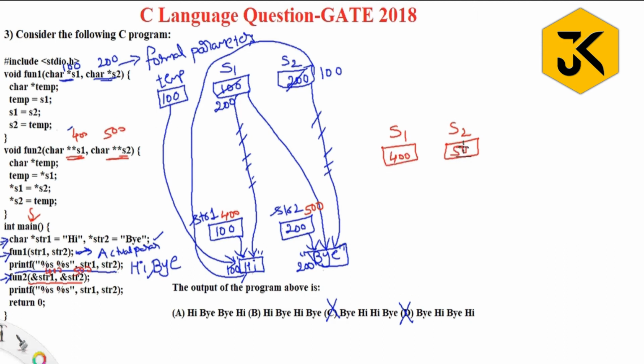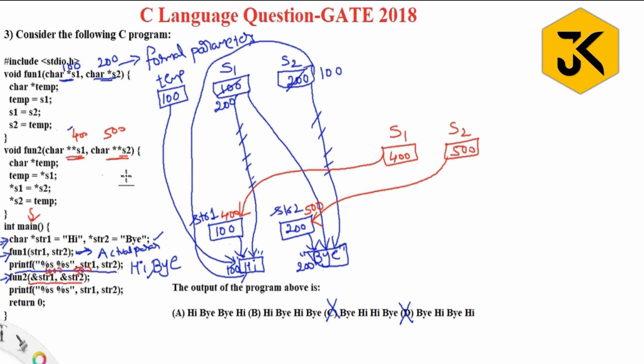Why have they taken a double pointer? Because this pointer is going to store the address of another pointer, and that pointer is pointing to the address of another string. That is the reason we need to define a double pointer. So s1 contains 400 and it will be pointed to this location, and s2 will be pointed to this location.